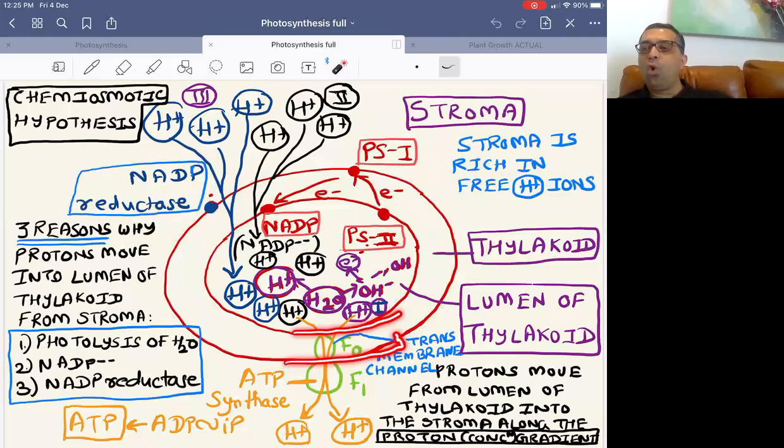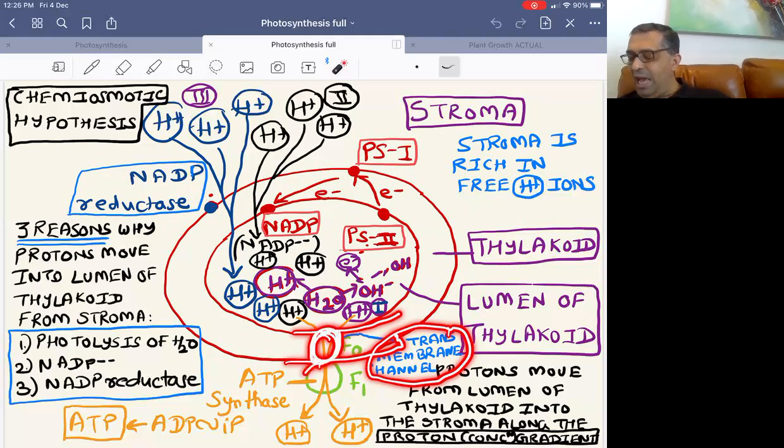In case of chloroplast, we have something called F0, which is the transmembranous channel. तो वो membranous और transmembranous channel होता है, which is found in the peristromium. Periplastidial space में होता है.